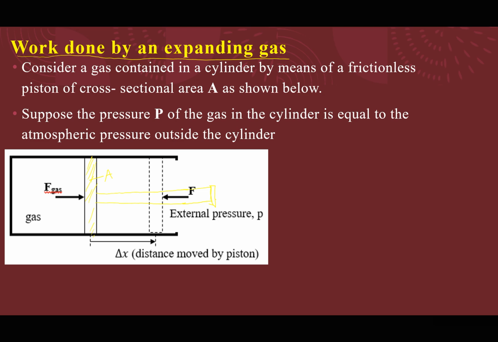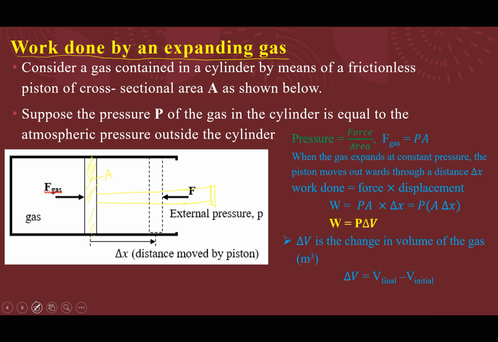Therefore, by definition of pressure as force acting normally per unit area, the pressure is going to be the force over area. So the force of the gas is the pressure times the area when I make F the subject. And when the gas expands at a constant pressure, the piston moves outwards through a distance delta x.